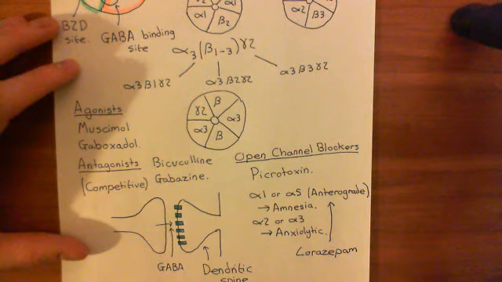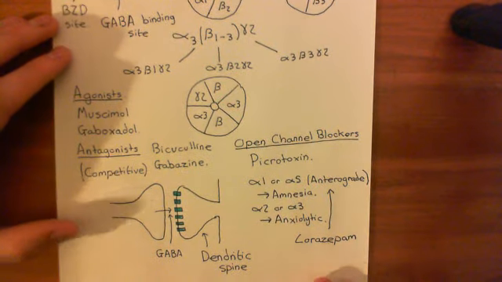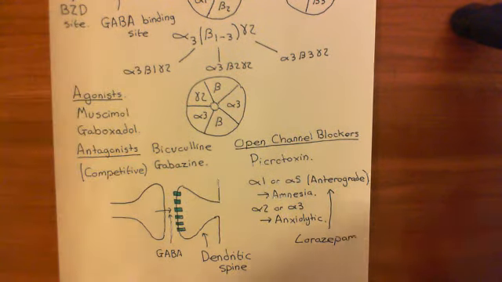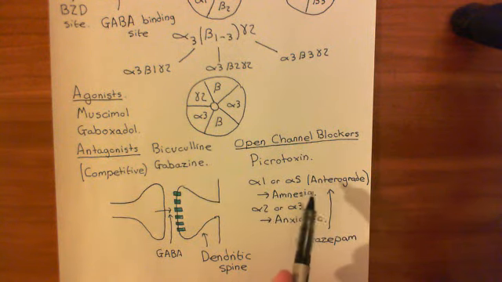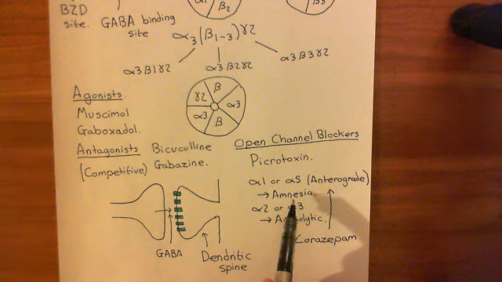Okay, so just to summarize everything, lorazepam is a benzodiazepine, so it will bind to the benzodiazepine site on GABA-A receptors. Now, it's mildly selective for these GABA-A receptors involved in producing anterograde amnesia, so these ones with the alpha-1 or alpha-5 subunits in them.